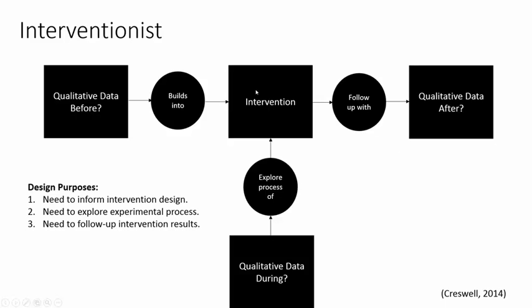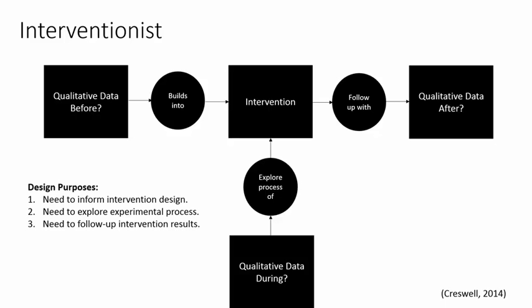Now, the third option is, let's say I have an experimental intervention. I've conducted my study, and then I'm going to use the qualitative data to inform or follow up or explore different experimental findings. So for example, I may not have found an effect that I anticipated. I could use the qualitative data afterwards to follow up on that effect.